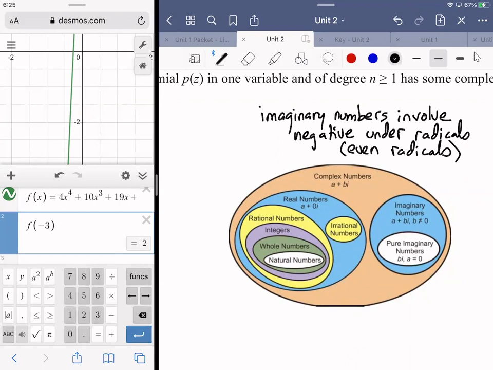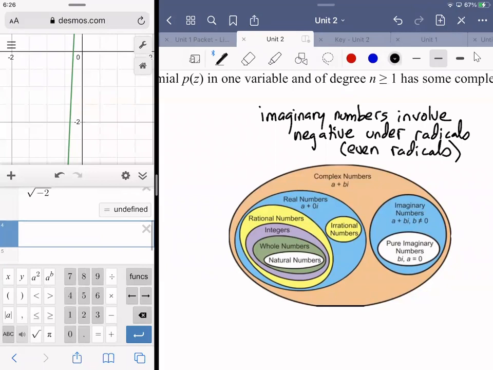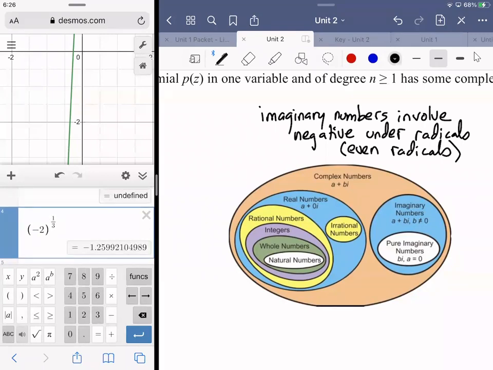There's nothing wrong with having a negative under an odd radical. So if I had something like the square root of -2, it says undefined by Desmos' standards. But if I say the cube root, which would be the same as raising it to the 1/3 power, I get a real number. I don't get an undefined. So it's perfectly okay.